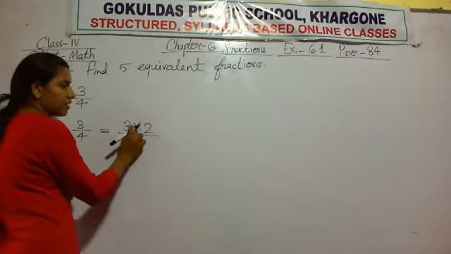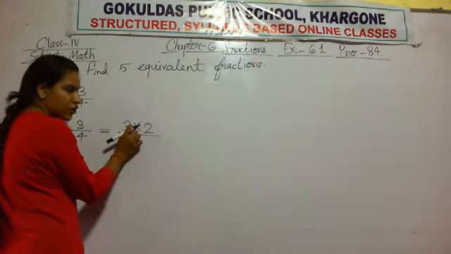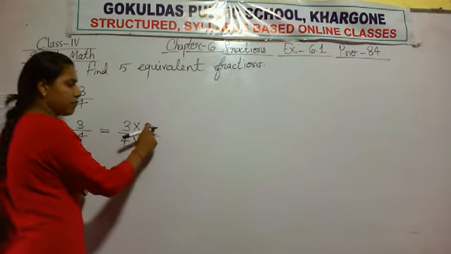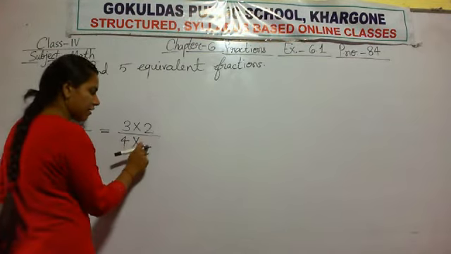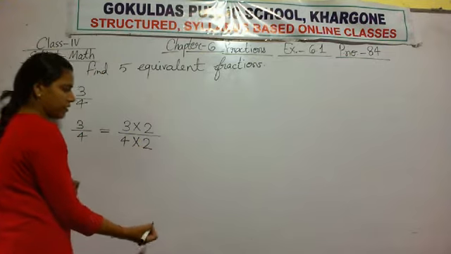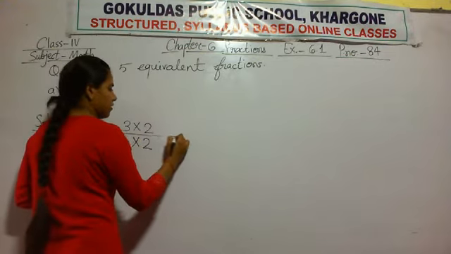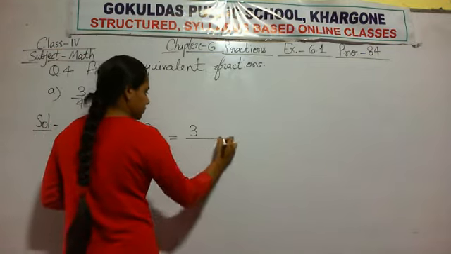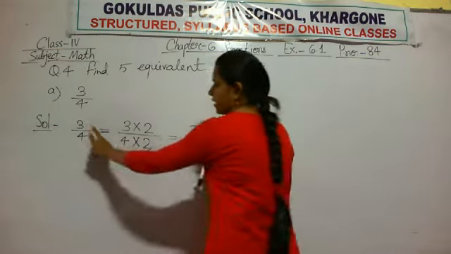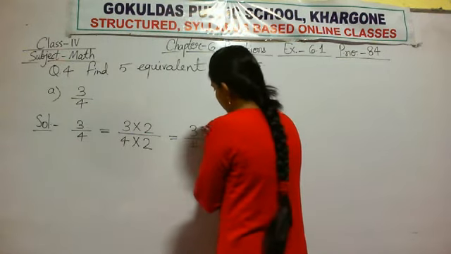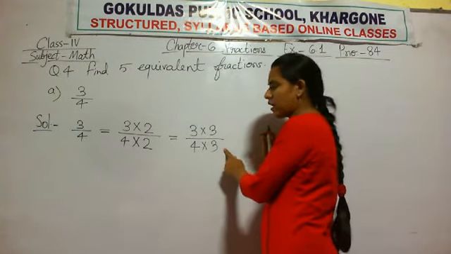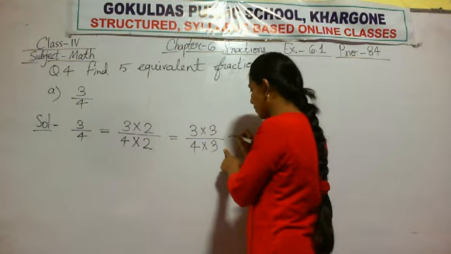If I am using the multiplication operation, then in the denominator also I need to use multiplication. If I am multiplying by 2 in the numerator, I need to multiply by 2 in the denominator. Okay? Which is equal to 3 upon 4, our given fraction, so I am writing 3 upon 4. Now I am multiplying with 3. If I am multiplying with 3 in the numerator, I need to multiply 3 in the denominator.